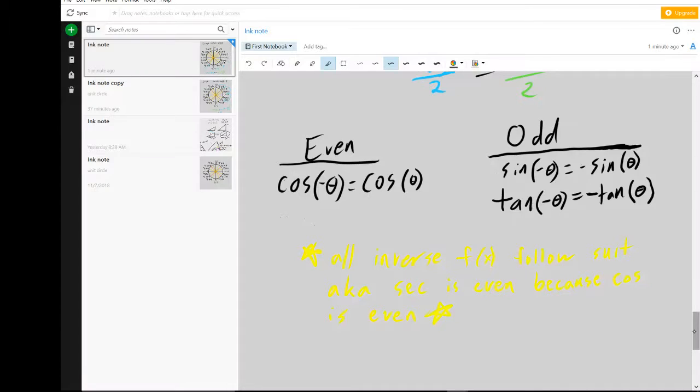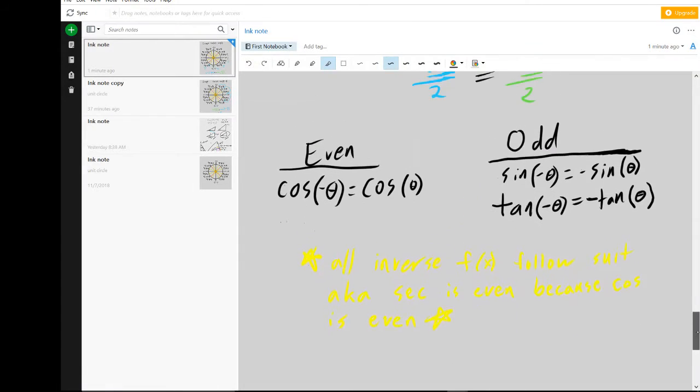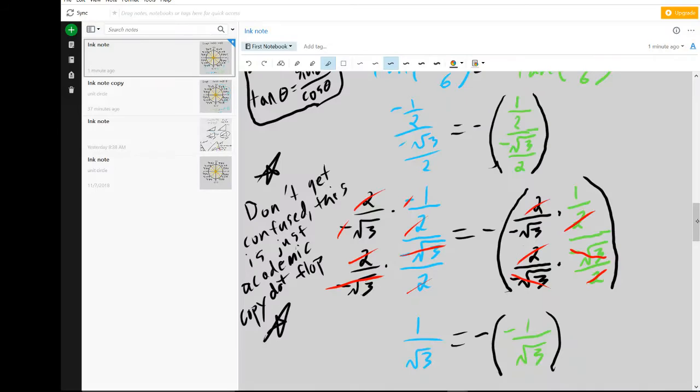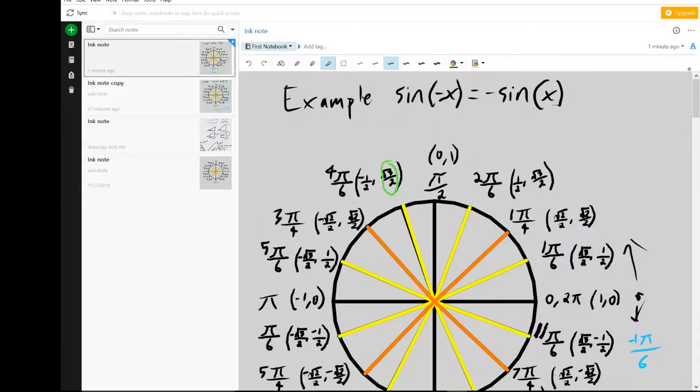So cotangent is going to be odd, cosecant is going to be odd, and secant is going to be even. So in other words, I don't want you guys to have to memorize all 6. If you just know these 3 and understand how those inverses operate, you shouldn't have to do that. Okay, that said, that should do it for this one.